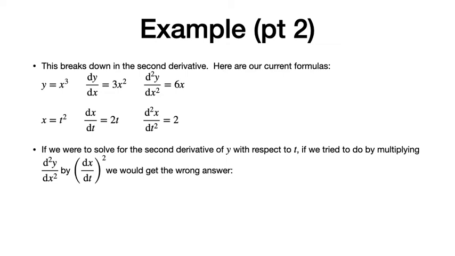Because that would cancel out our dx's and leave the second differential of y over dt squared. But this actually leads to the wrong answer. If you do this, you get 24t to the fourth. But the answer should be 30t to the fourth, which you would get if you substituted x equals t squared into the first equation. So why do you get this discrepancy?